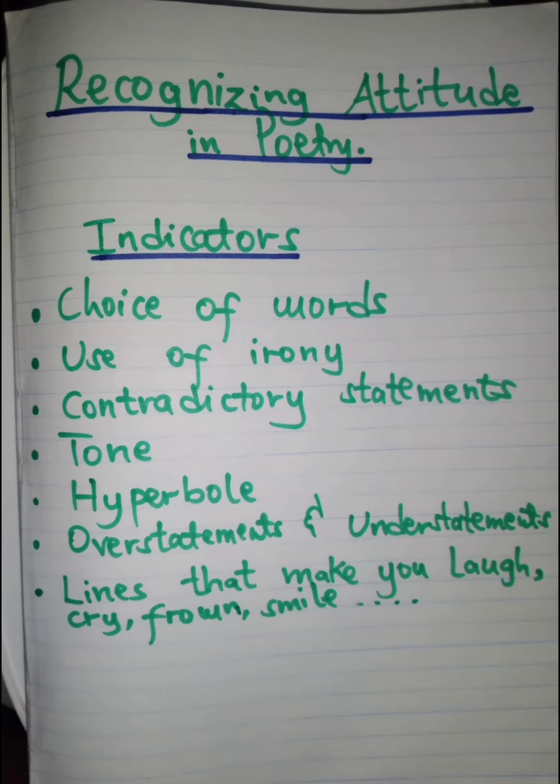It is also important to note that the tone used in a poem will guide the reader towards identifying the attitude in a poem. Therefore, it is imperative to first identify the tone before you identify the attitude in a poem. It's also advisable never to identify attitude in a poem as being negative or positive.